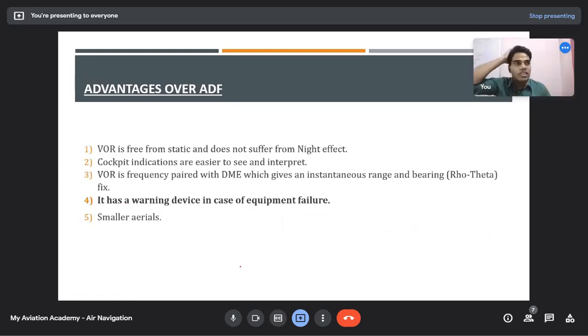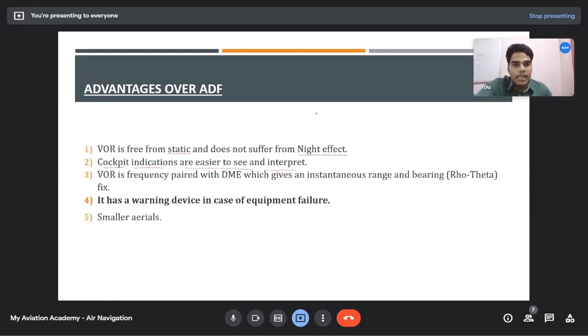What are the advantages? Why is VOR so famous? The advantages over ADF and NDB. First of all, it's free from static, and it does not suffer from night effect. Two major advantages. Secondly, cockpit indications are easier to see and interpret. We'll see why.